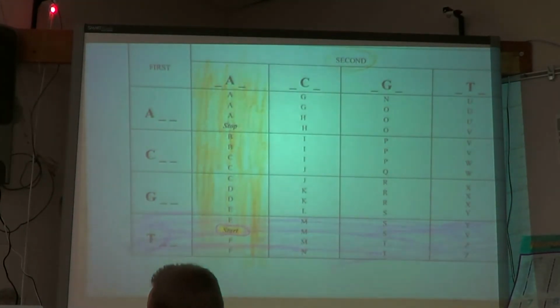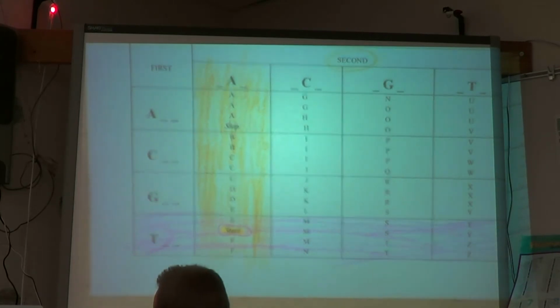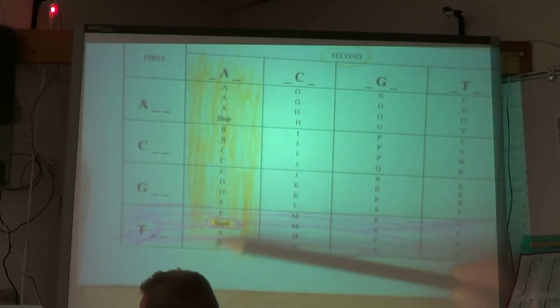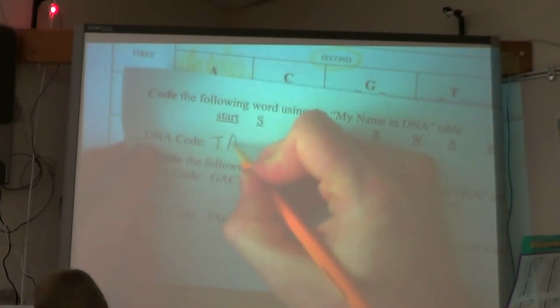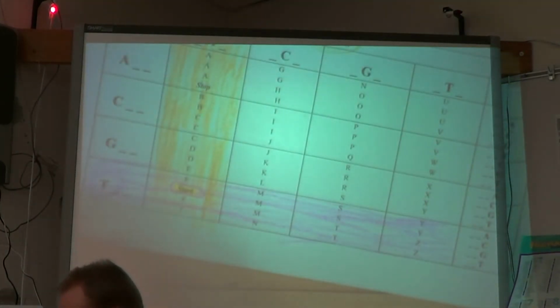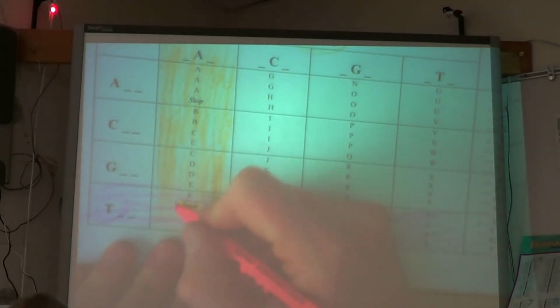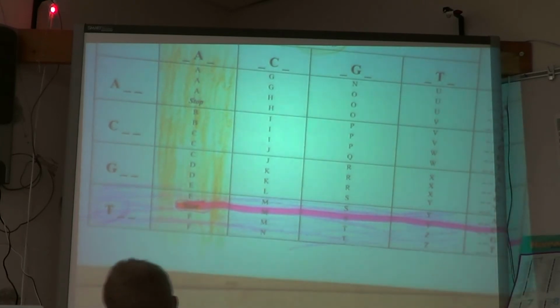I already determined that my first letter, the pink purple row, was T. Based upon the position of my start, my second letter is the letter A. And now I want, very specifically, this location. This last one is really just going through and chasing that across to the third position.